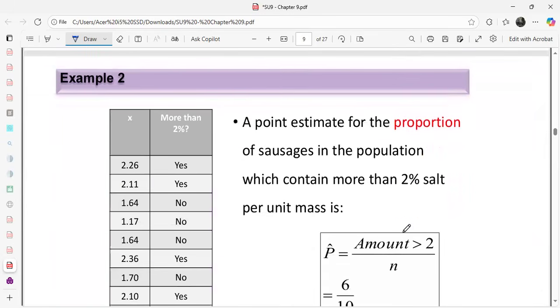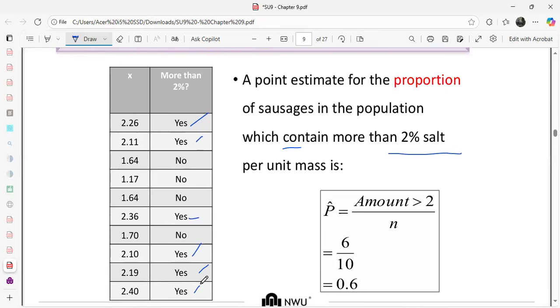The other one is the population proportion, because P cap is equal to X over N. If you are given a statement where they say the population contains more than 2% salt per unit, you count the ones above 2%: yes, yes, yes.